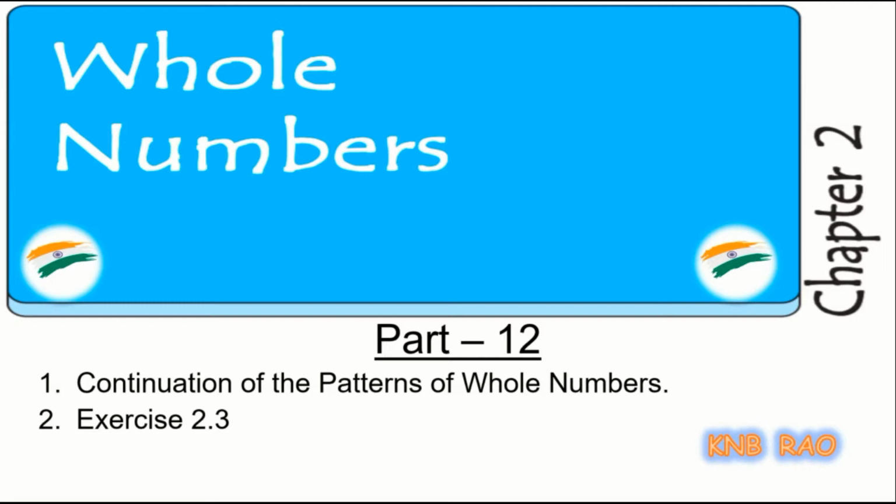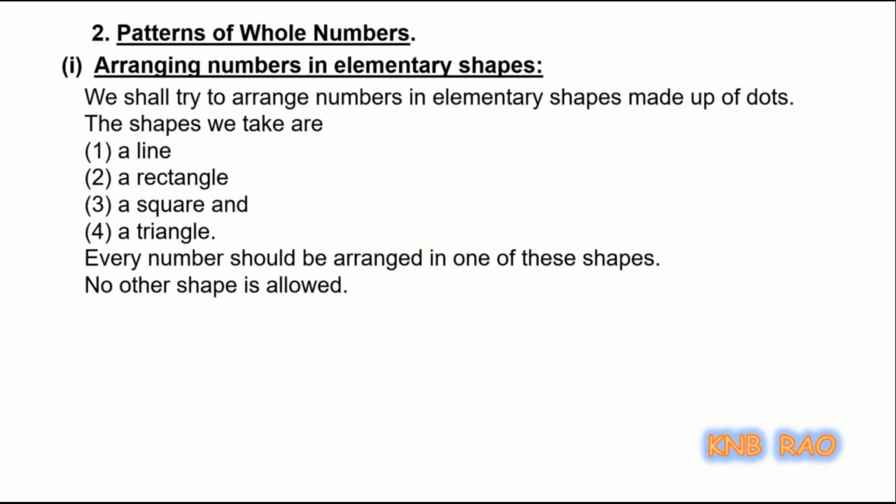In our previous session, that is in part 11, we learnt the first pattern, that is arranging numbers in elementary shapes. So, you have seen the whole numbers arranged in the shape of a line, rectangle, square and a triangle.